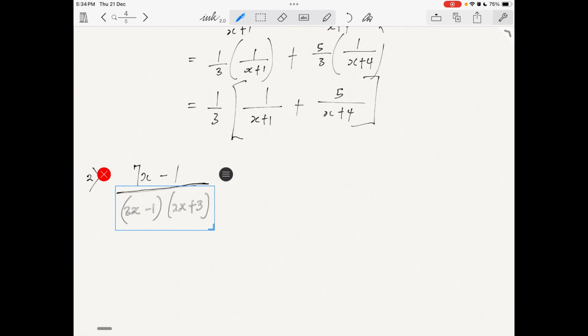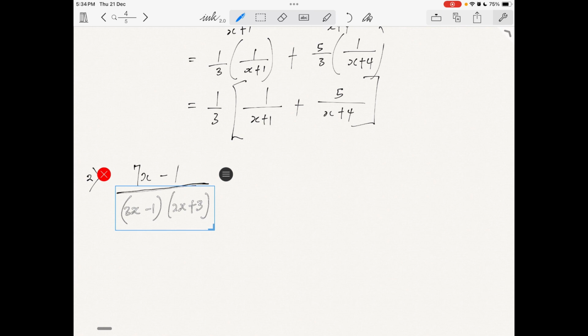We have to ask ourselves: are the denominator factors linear, are they repeating, are they non-linear, are they non-repeating, or are they improper fractions? With these questions we will know how to proceed. Here we see that the denominators are linear and they are not repeating.